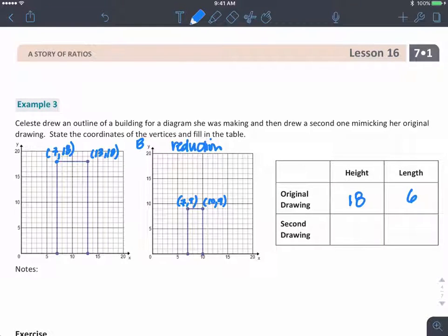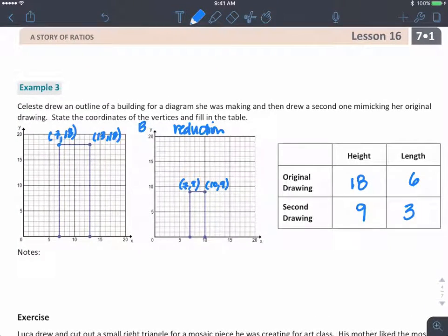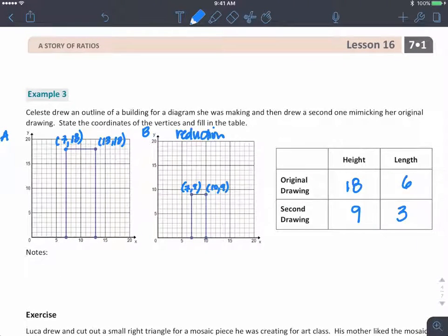Right, so let's fill in our table. The height of our second rectangle is 9, and our length is 3. Now, you should be able to look at this table and say, hey, I think I can make some ratios from here.